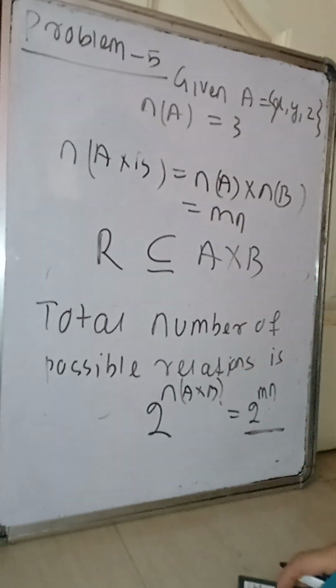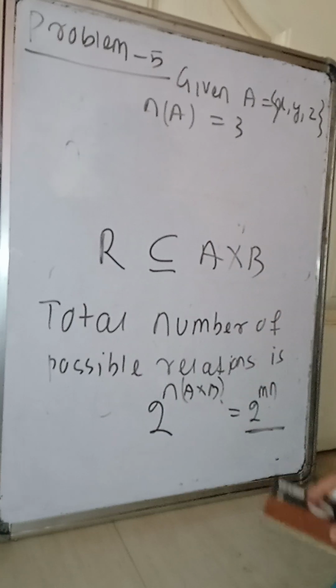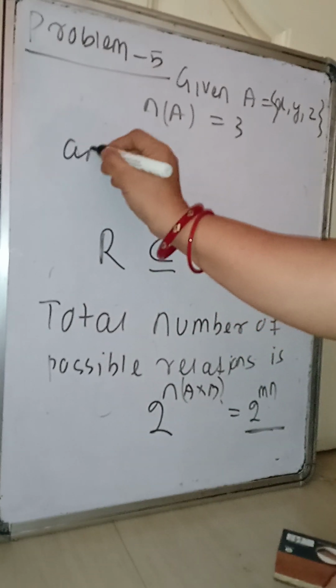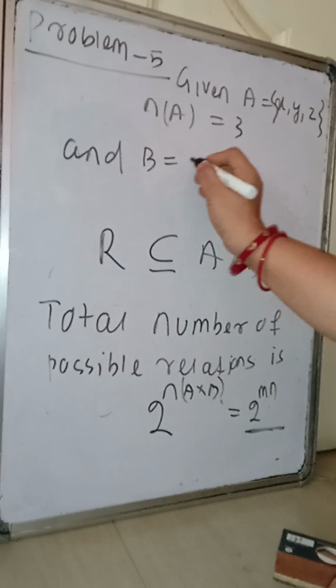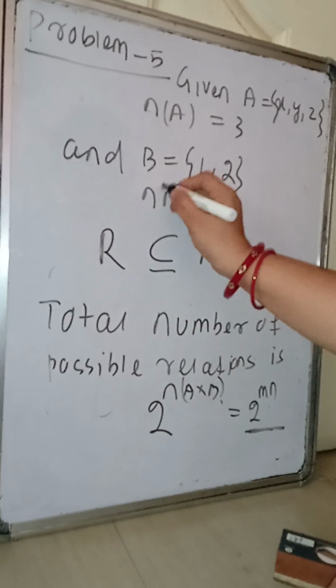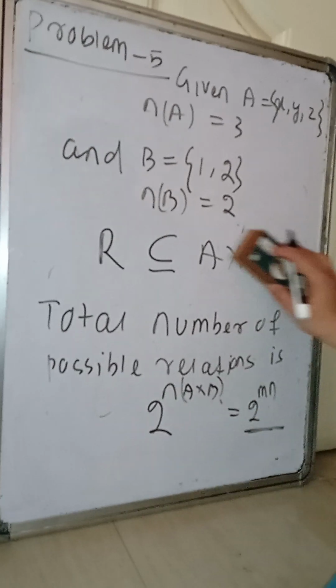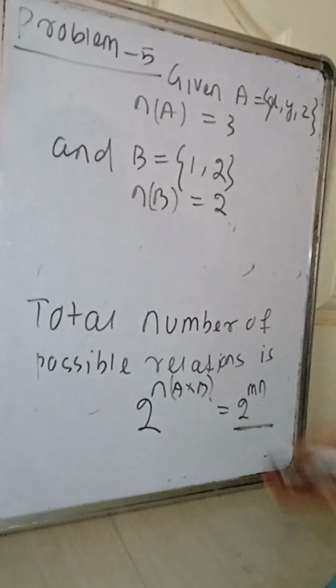That is 3 elements. And another set B is given, containing elements 1, 2. How many elements are there in set B? 2 elements. Now the question is to find the total number of relations.